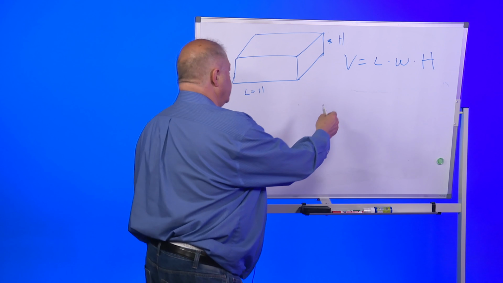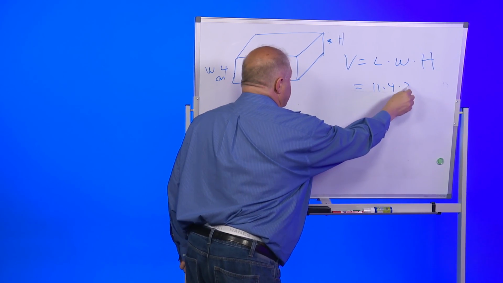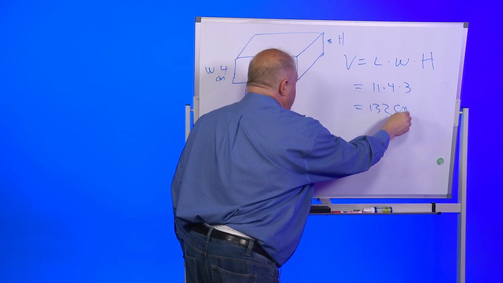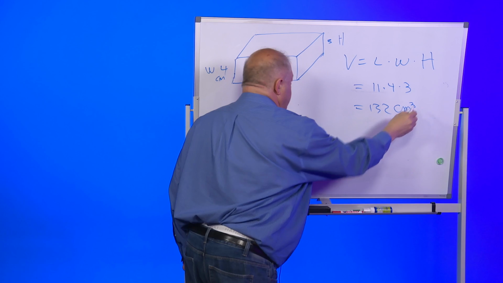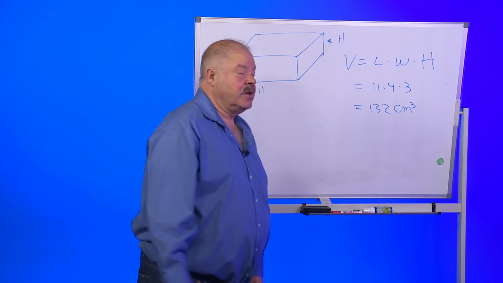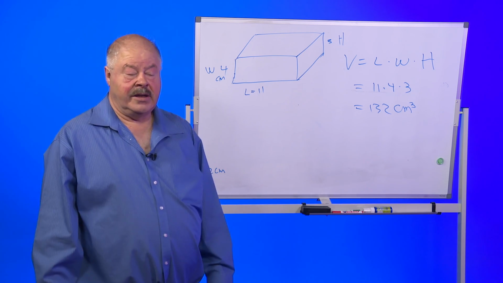And that answer, 11 times 4 times 3, that's 132 centimeters cubed, or cubic centimeters. So that is the volume of a rectangular prism.